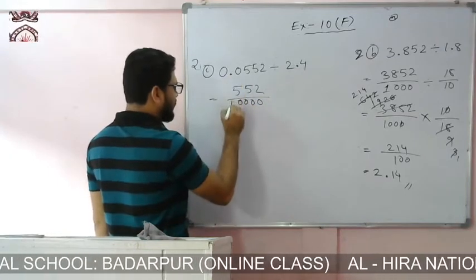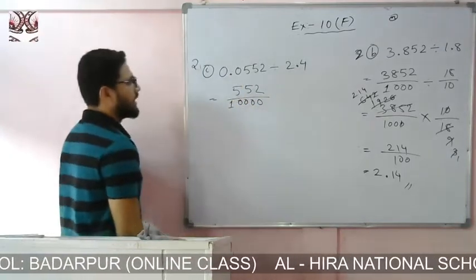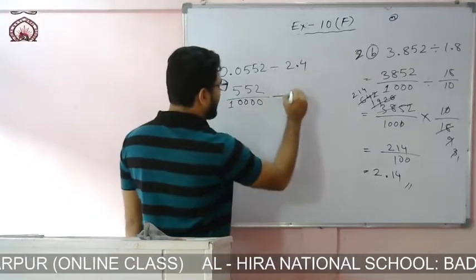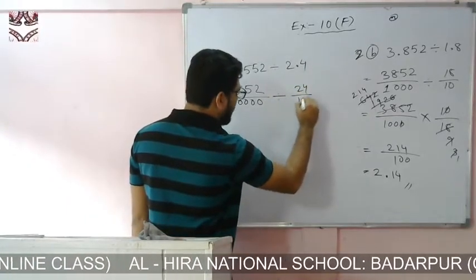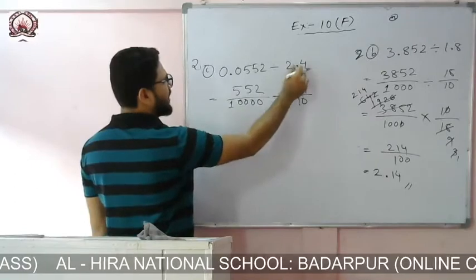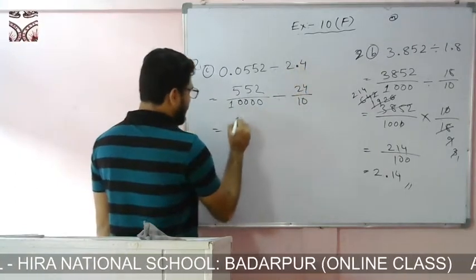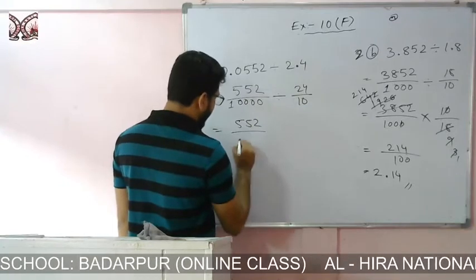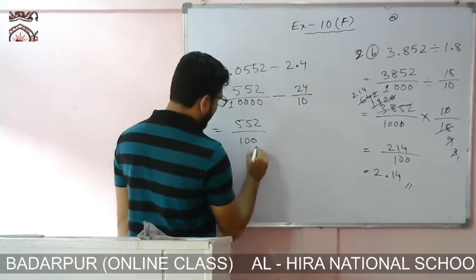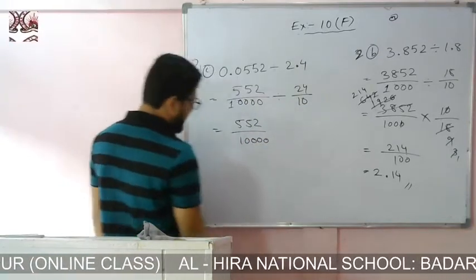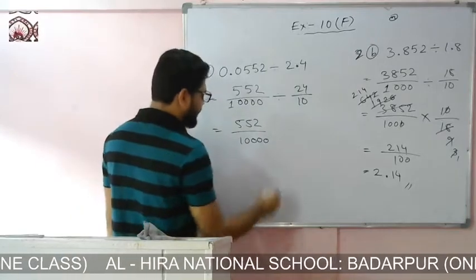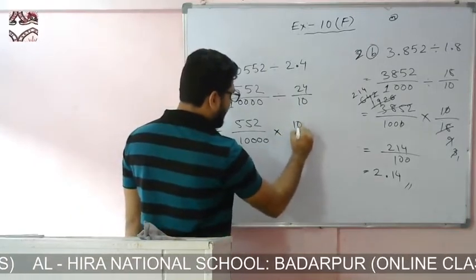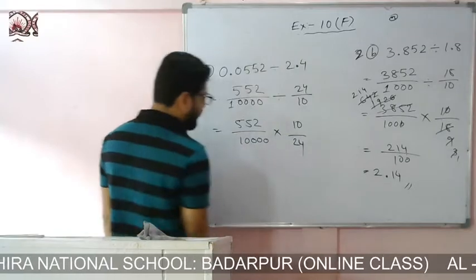And for the point we'll put 1. Okay. Division symbol, then 24 by only 10, because after the point there is 1 digit. So now you interchange. Okay. 4 zeros into 10 by 24. Okay.